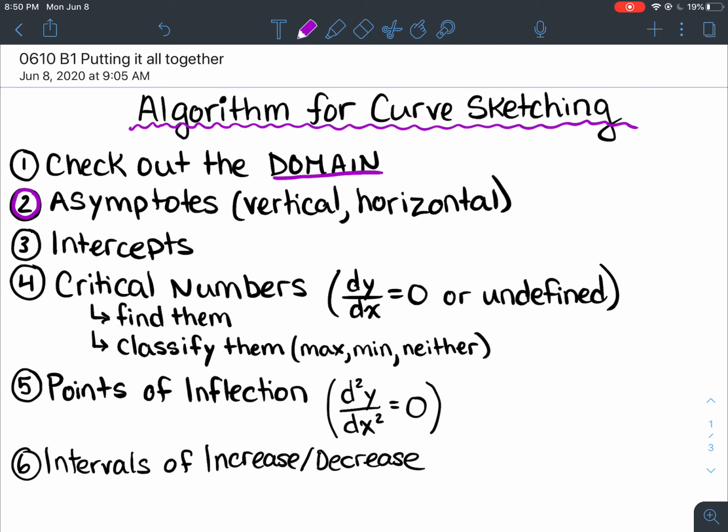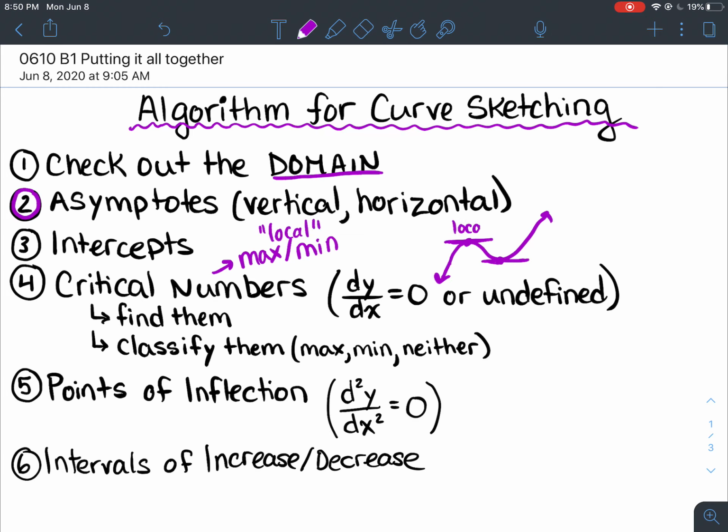And critical numbers, that's what we learned this year. That's when we set our derivative equal to 0. If you had a graph like this, at these points the derivative is 0, because that's when the slope is 0. Those critical numbers find the maxes and mins, and they can be local maxes and mins, like these two.